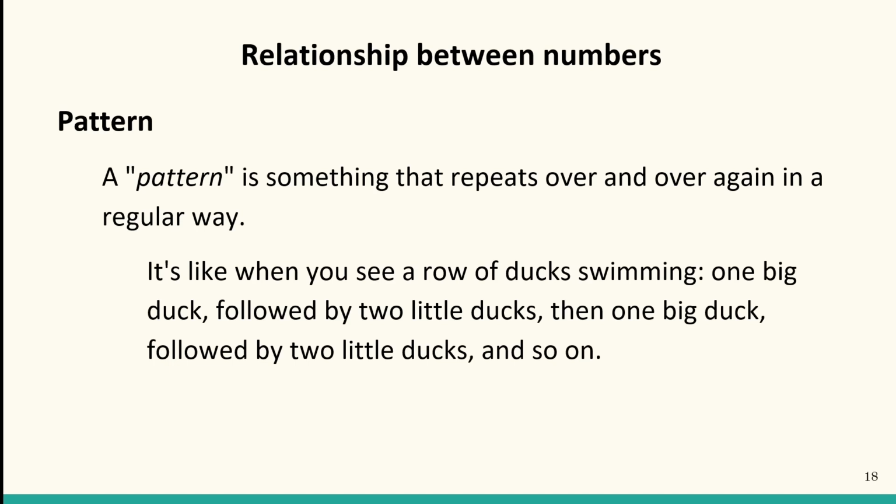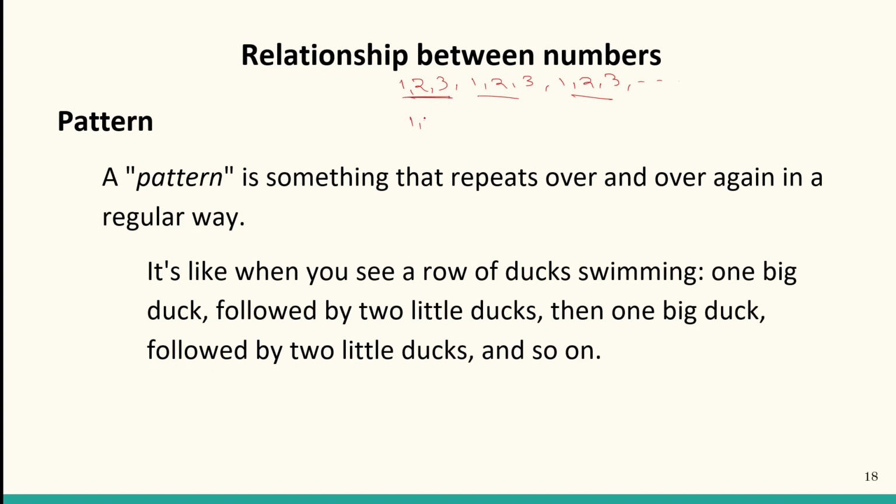You must be thinking about a sequence and a pattern. What's the difference? Let's say you have a sequence 1, 2, 3, then 1, 2, 3, 1, 2, 3, and so on. The sequence is only 1, 2, 3, because after that the pattern repeats itself. So 1, 2, 3 is a pattern.